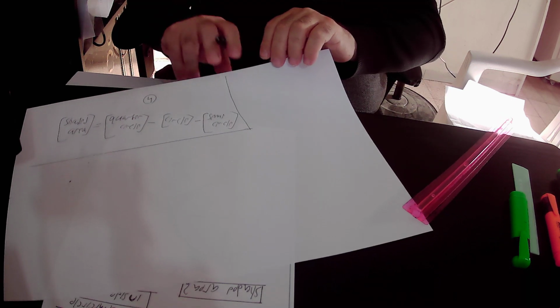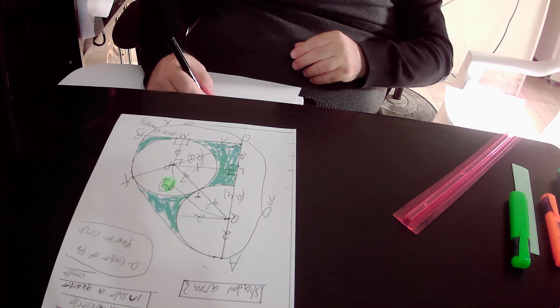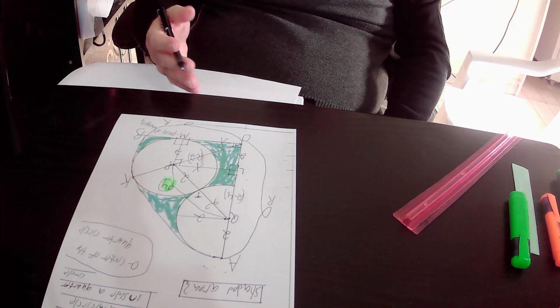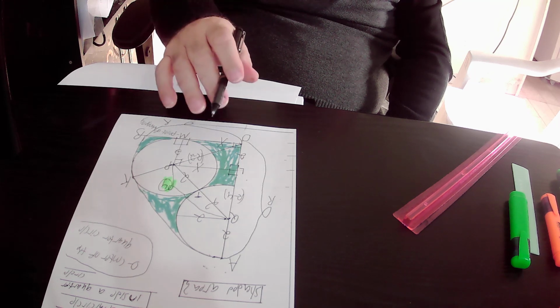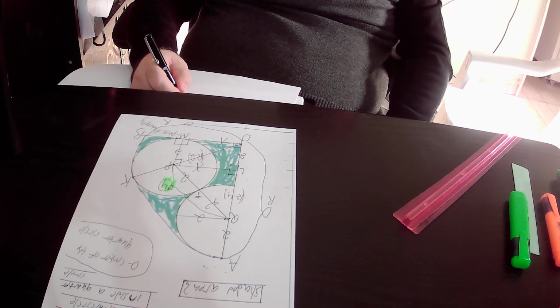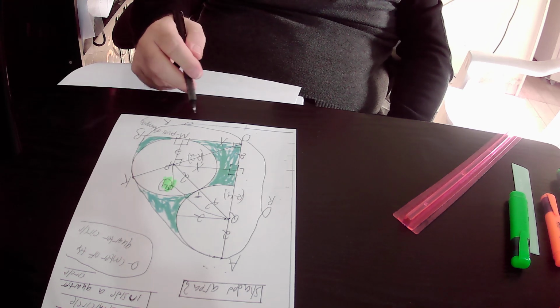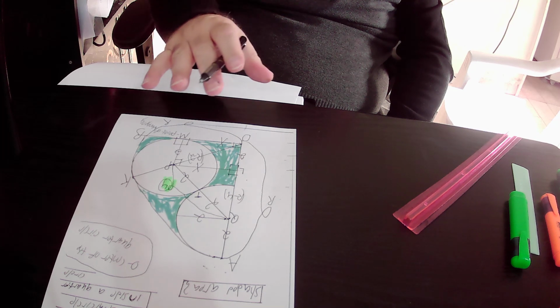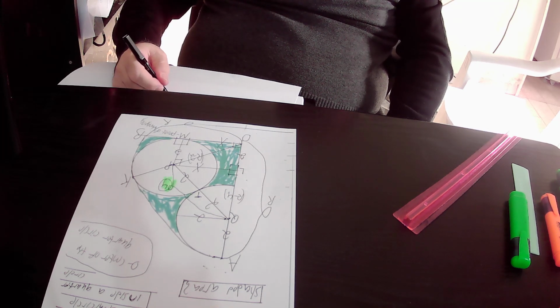Okay, so the value of the shaded area will be equal to the area of the quarter circle, and I've already explained that the area of the quarter circle equals to pi r squared over 4 when r equals to 6 units. Minus the area of the circle, the area of the circle is pi r squared when r equals to 2, therefore it is pi 2 squared.